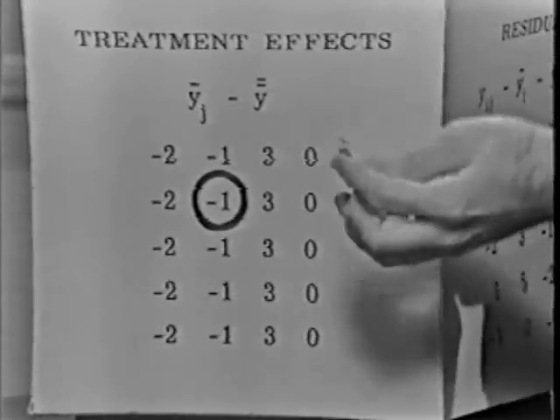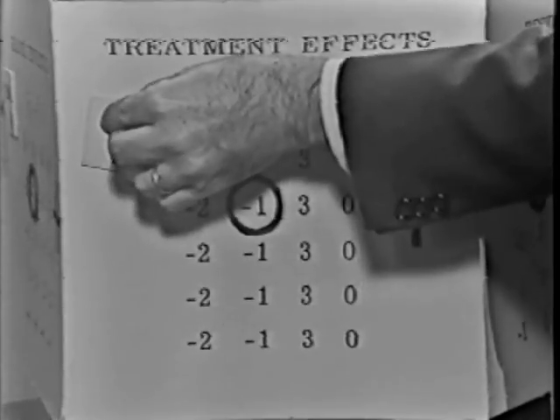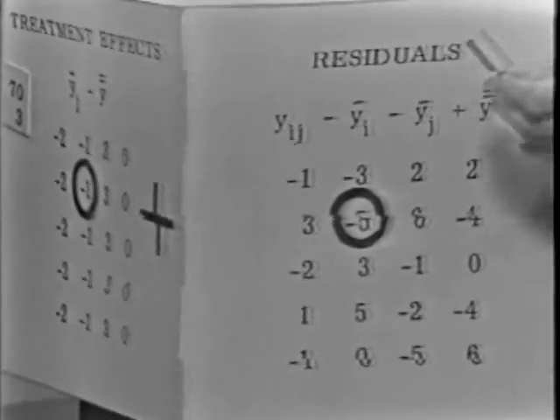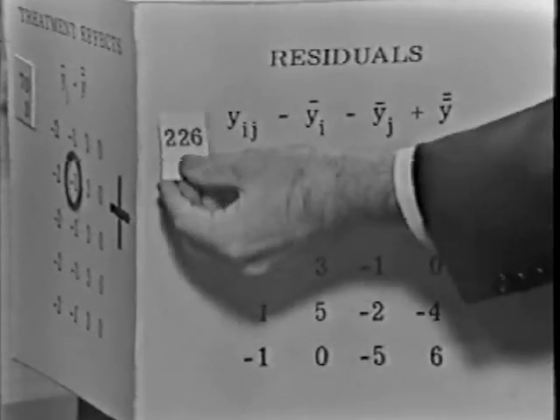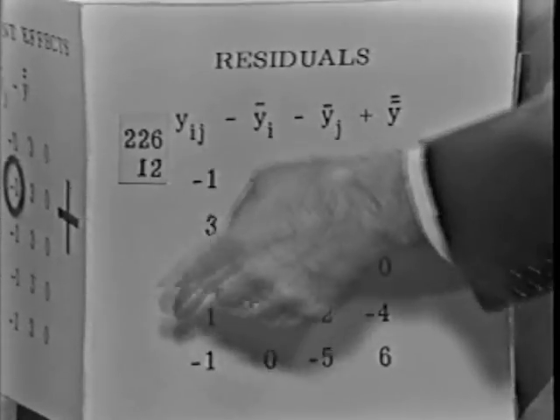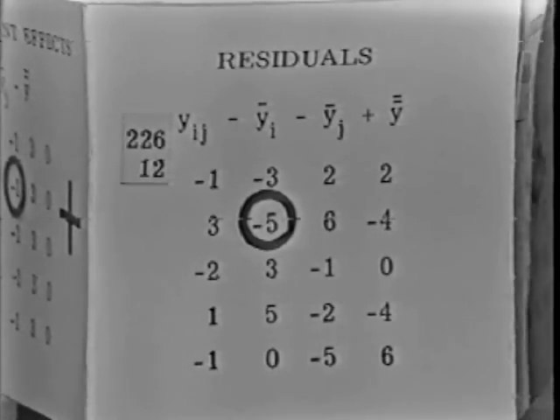And the treatment sum of squares, 3 guesses, comes out to be 70 with 3 degrees of freedom. Take those sums of squares, and finally the residual sum of squares will come out equal to 226 with 16 degrees of freedom. These residuals are constrained enough, so there's only 12 degrees of freedom remaining.